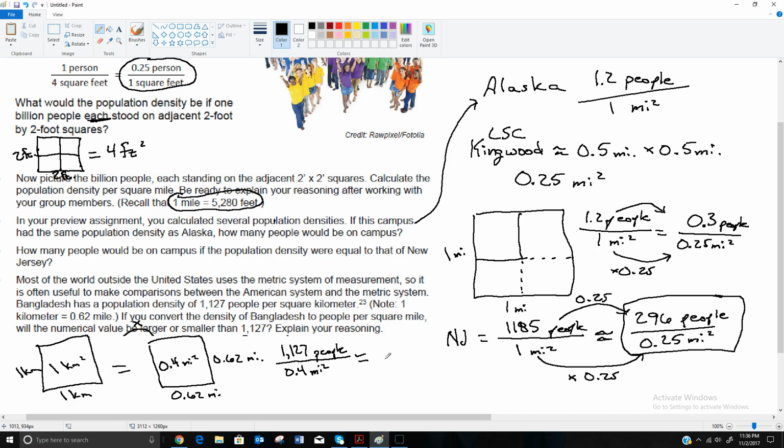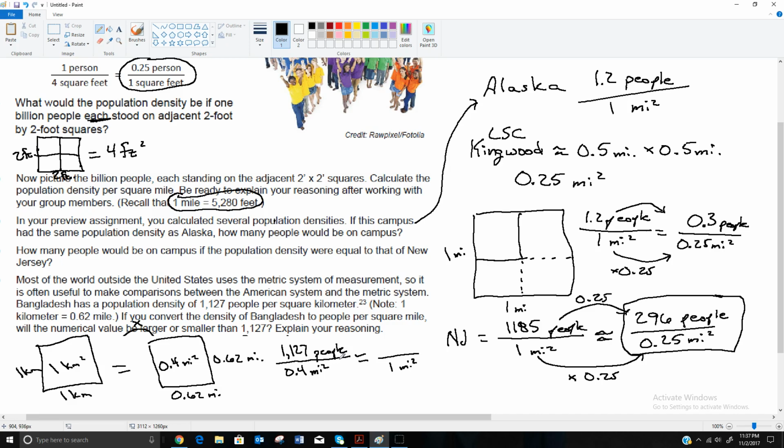So if I want to figure out what that is per 1 square mile, you can see this is going to be bigger, we're going to get more people because this is not even a square mile. So the answer to this, if you convert this, will the numerical value be larger or smaller? It's going to be larger, because to get from 0.4 to 1, we're going to have to multiply.